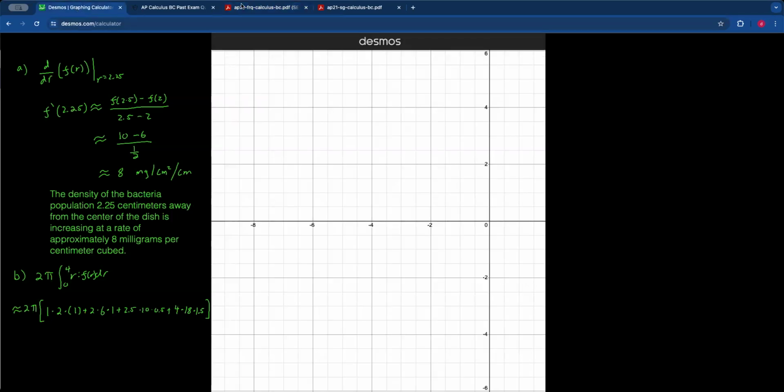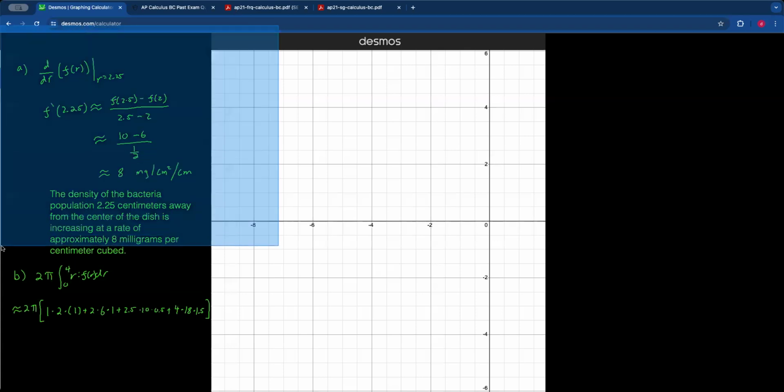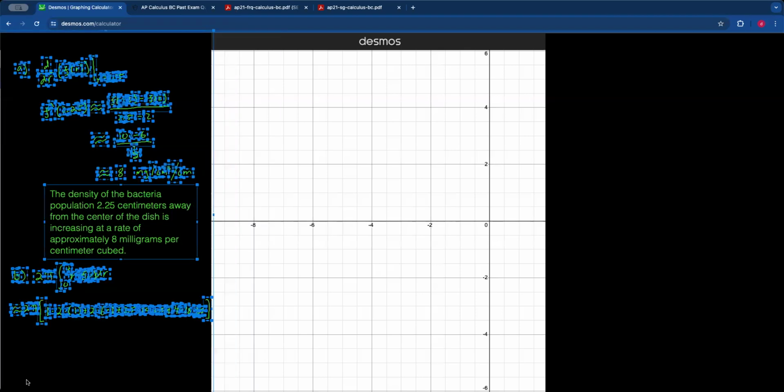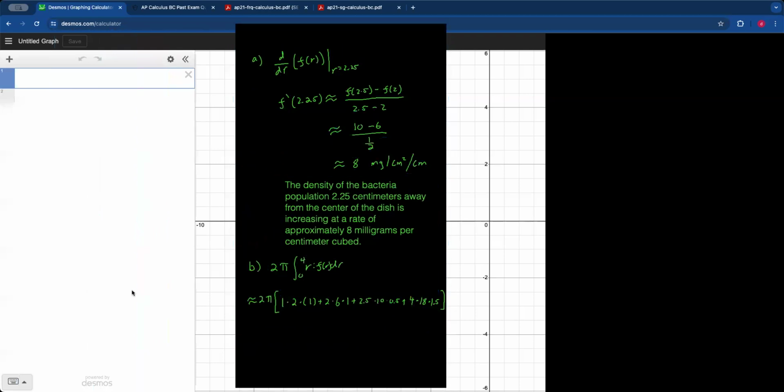So I have Desmos pulled up over here. I'm going to pull this to the side real fast and see what it actually equals. So in this particular case, we have 2 pi. We're going to multiply it by 1 times 2 times 1 plus 2 times 6 times 1 plus 2.5 times 10 times 0.5 plus 4 times 18 times 1.5.